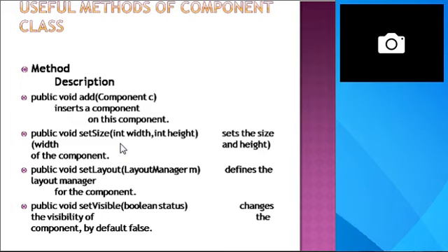Second is setSize. The setSize method is used to set the height and width of an object in your program, on your container, and you assign width and height according to your user requirement and console window.